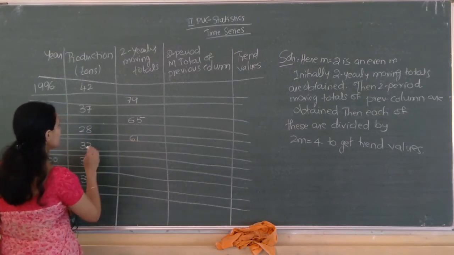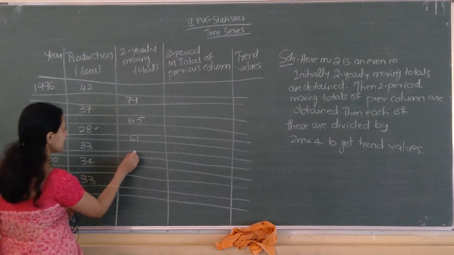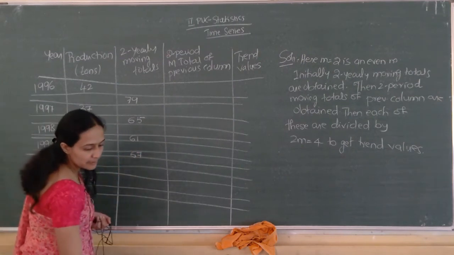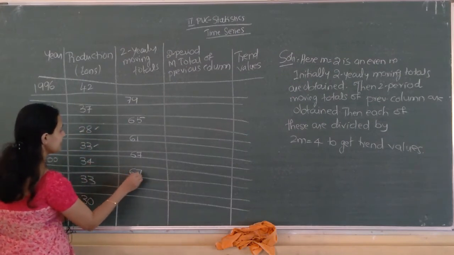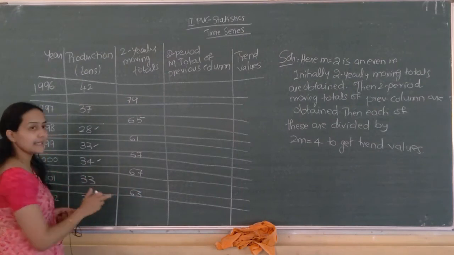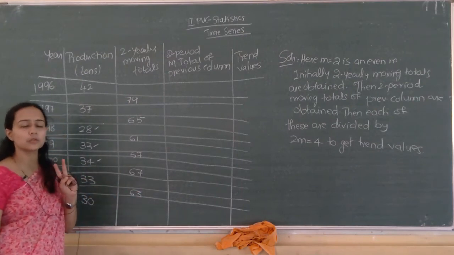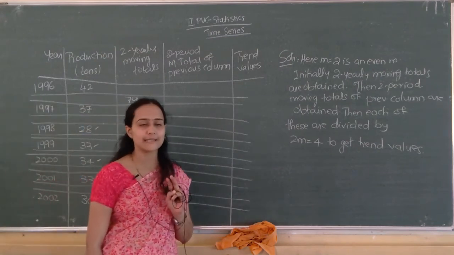Leave this one, next 2, 33 plus 34, that is 67. Next again 37, leave this one, next 2, that is 63, right in the middlemost. 2 yearly moving totals I found. Clear?